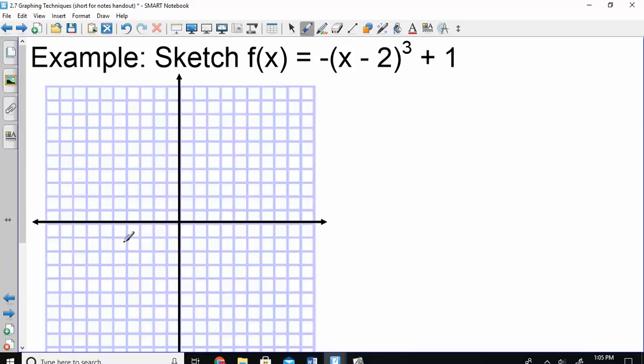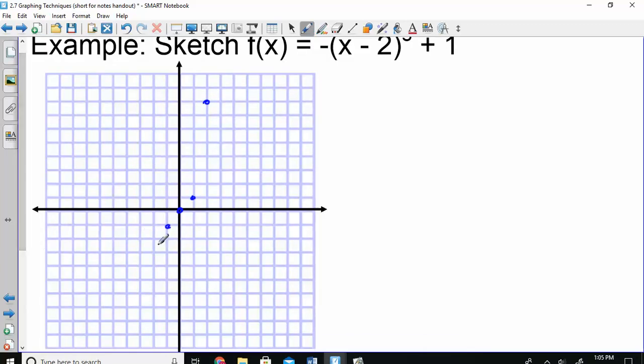What's my parent function? X cubed. So 0 cubed is 0, 1 cubed is 1. 2, 8, negative 1, negative 1, negative 2, negative 8.